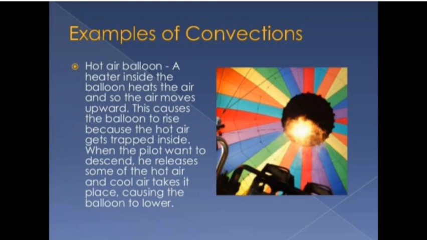As we have studied, hot air is lighter, so it rises up. When the pilot wants to descend, he releases some of the hot air, and due to this the cool air outside rushes in to occupy its place, causing the balloon to lower. So this principle is used in the balloon.